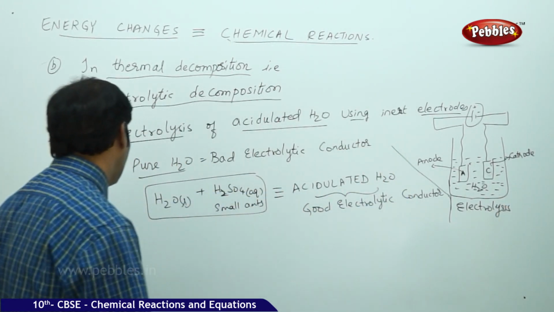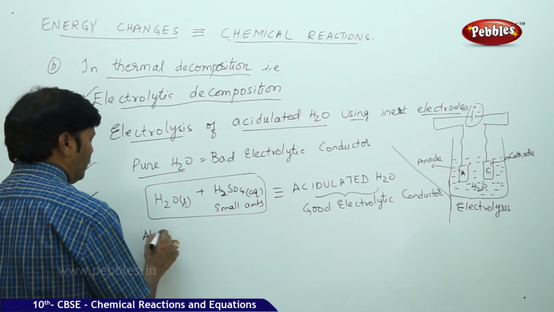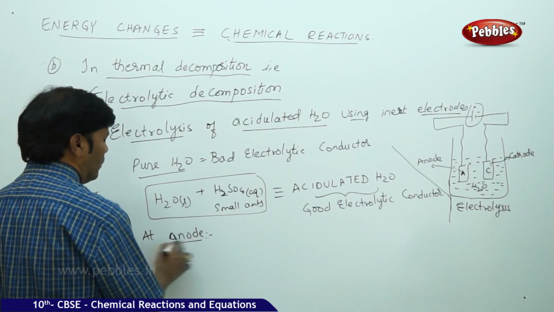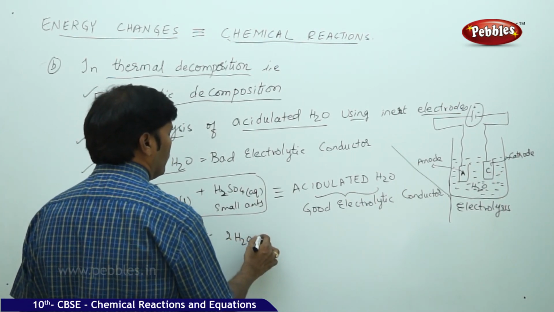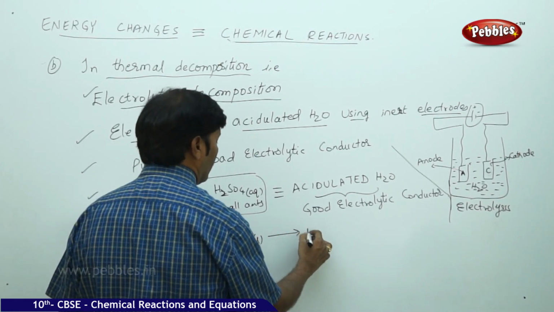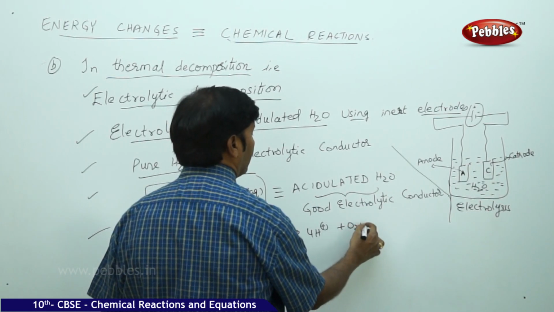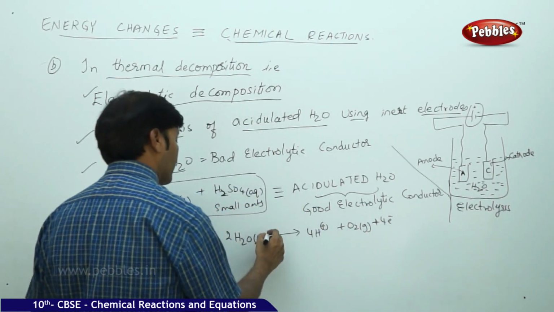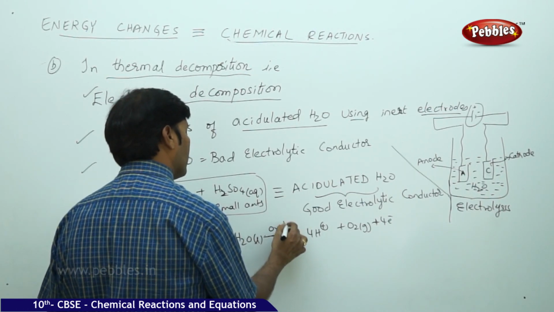Take the reaction mechanism at anode. At anode, 2 molecules of H2O liquid give rise to 4 H plus ions plus oxygen gas plus 4 electrons. De-electronation takes place. This is oxidation.